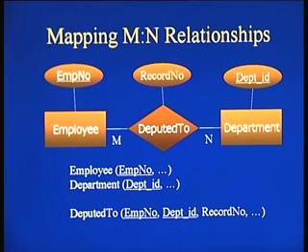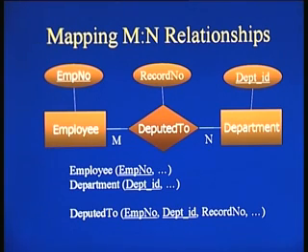So deputed to becomes a separate relation by itself, and then uses employee number and department ID as foreign keys and also as the primary key of this relation, and whatever attributes belong to the relationship type become part of the relation that is created here. That is, the record number attribute becomes one of the attributes of the deputed to relation.